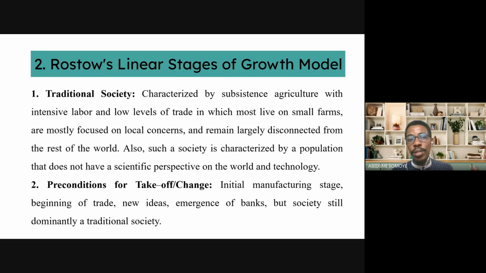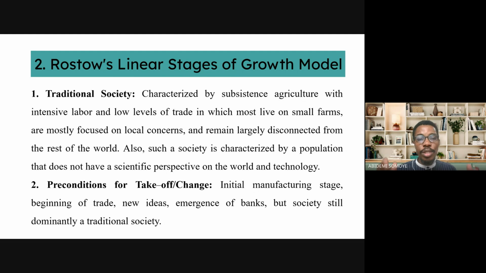A traditional society is characterized by subsistence agriculture with intensive labor. It doesn't have a high level of technology or better ways of doing things, so you still need to make use of a lot of people on the farm rather than high-tech equipment that can enable you to produce much faster.